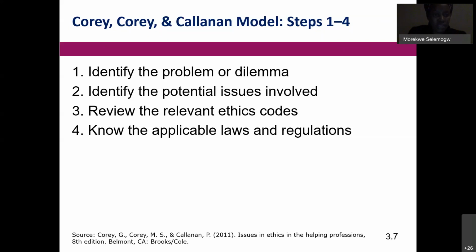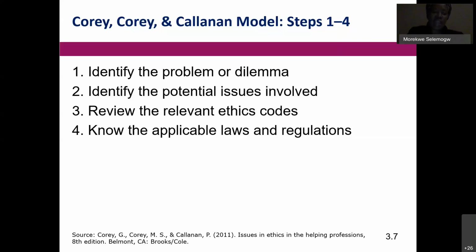So these are the 4 steps of Corey and Callanan's model of ethical decision making: one, identify the problem or dilemma; two, identify the possible issues that are involved; three, review the relevant ethics code; and four, know the applicable laws and regulations. In terms of step number 2, identifying the potential issues involved, issues can emanate, let's say, from sharing information or confidentiality.